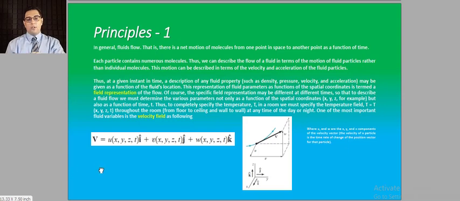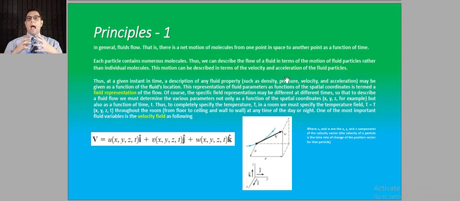First of all, I'm going to read the text and I'll give you more demonstrations. In general, in fluid flow, there is net motion of the molecules from one point in space to another point as a function of time. It means that when we have a fluid motion, we can see that molecules are dislocating from one place to another.